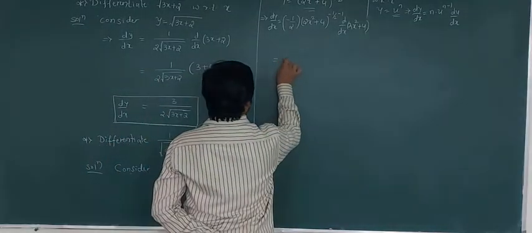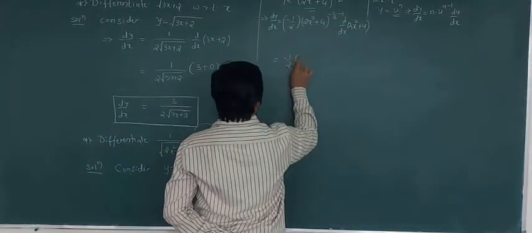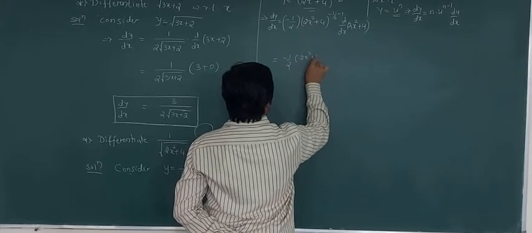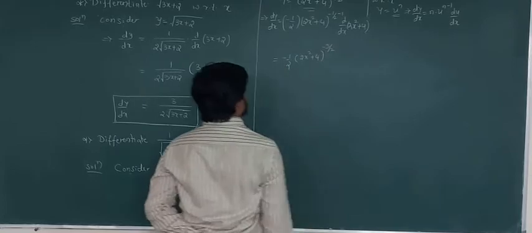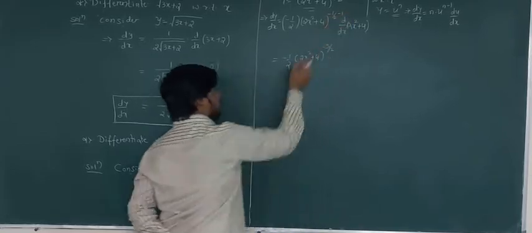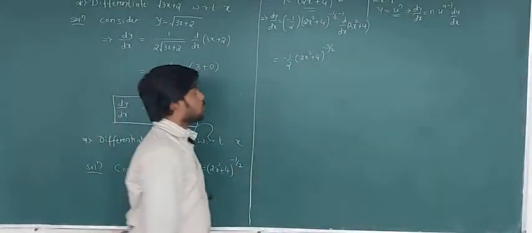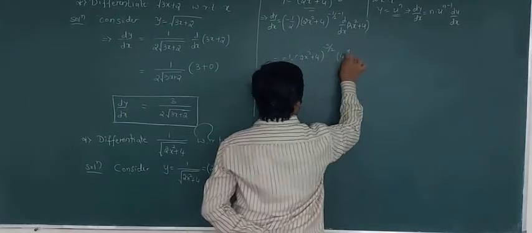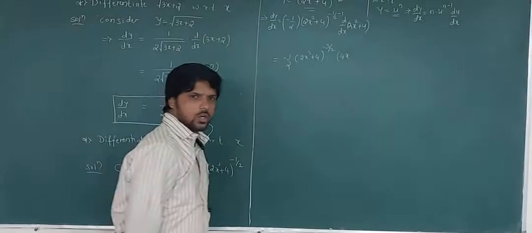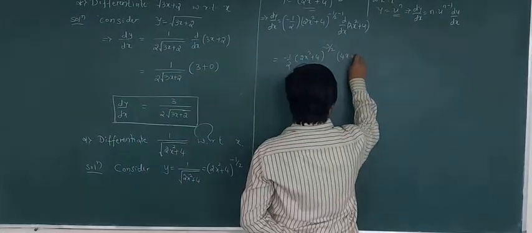Now simplify this one. Minus 1 by 2 into 2x square plus 4 whole to the power minus 3 by 2, after simplifying the power, into the differentiation of 2x square, which is 4x, plus the differentiation of 4, that is the derivative of a constant, which is 0.